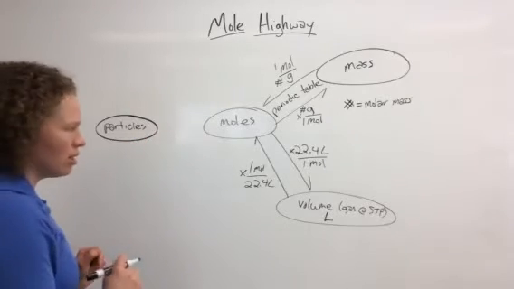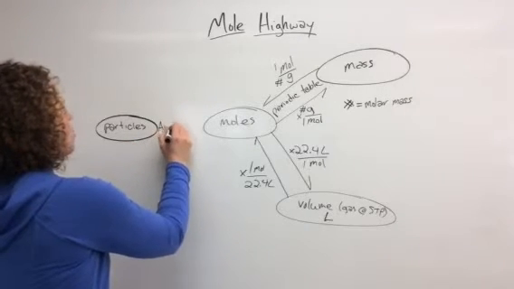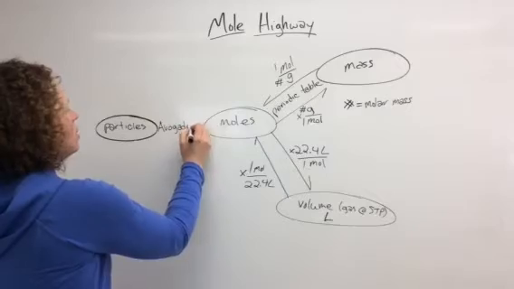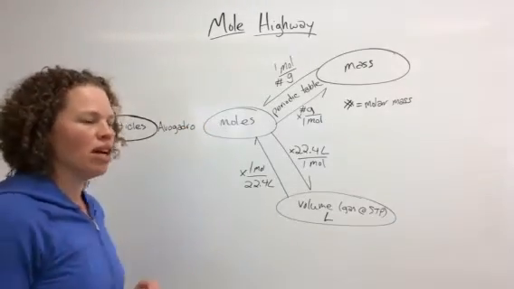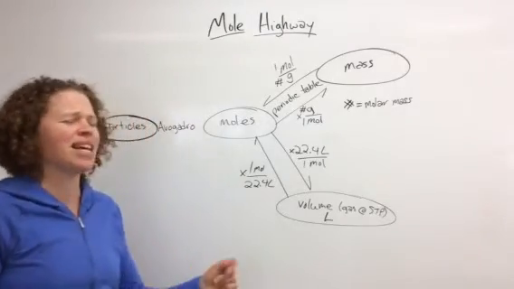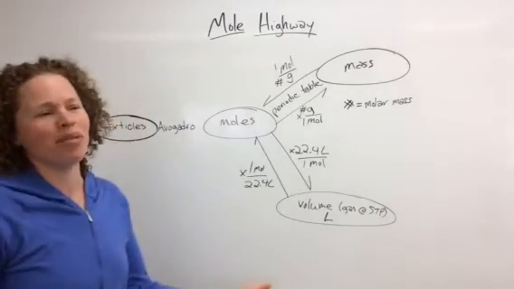Over here we've got particles, and that's Avogadro. Avogadro's number, which is mole is a unit, or have you heard, containing 6 times 10 to the 23rd. Okay, come on, it's catchy.